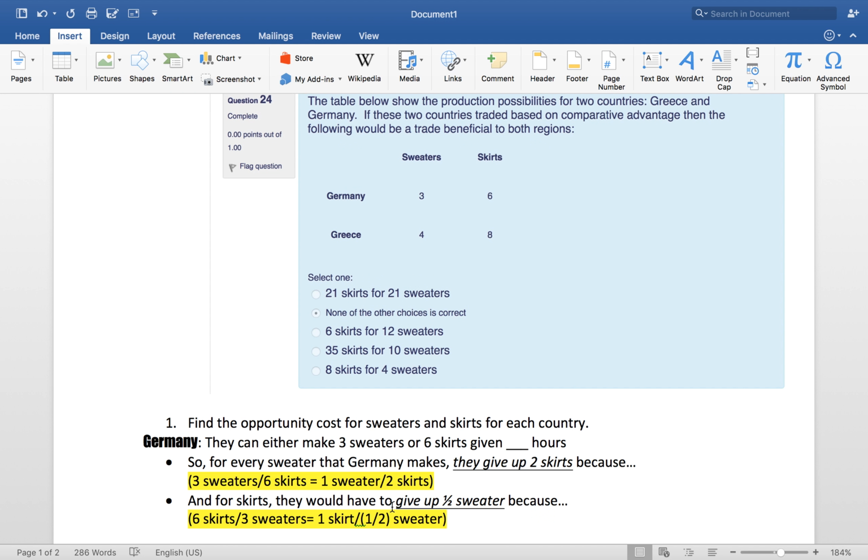They would have to give up half a sweater because if we do the math again, like I said before, always put the good you want to concentrate on on top. In this case, finding the opportunity cost for 1 skirt, 6 divided by 6 gives us 1, and 3 divided by 6 gives us 0.5 or 1/2. So for 1 skirt, you have to give up half a sweater.